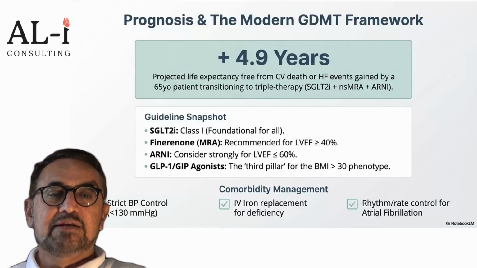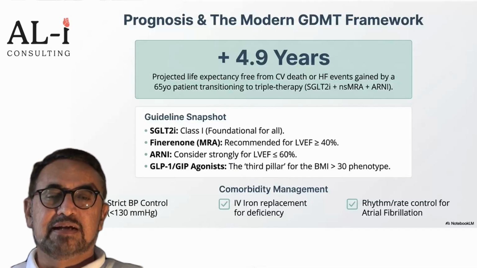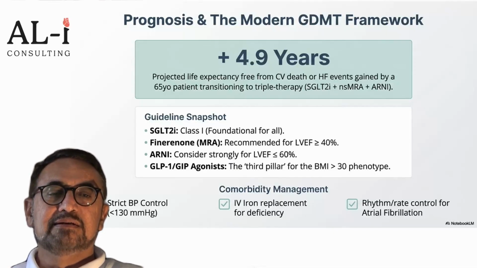The projected gain of 4.9 years free from cardiovascular death or heart failure events with triple therapy is a powerful illustration of how much progress has been made. Although it should be understood as model prognosis rather than a single trial headline, still, it reinforces that modern therapy in HFpEF is no longer anecdotal or poorly symptomatic.